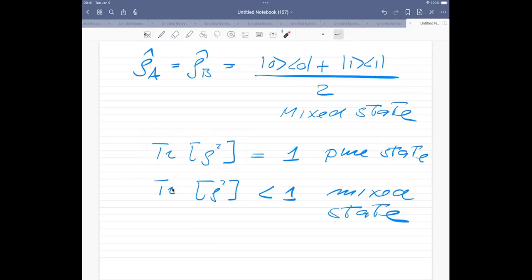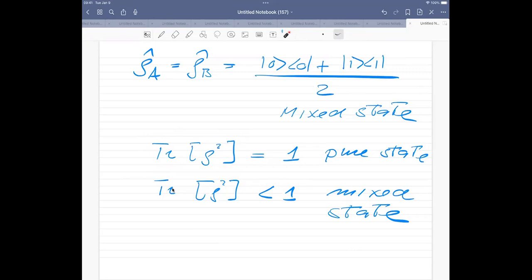And this has important consequences because the density matrix is proportional with a probability. And you will see next week that we can define a quantity which is called the von Neumann entropy in terms of the density matrix.